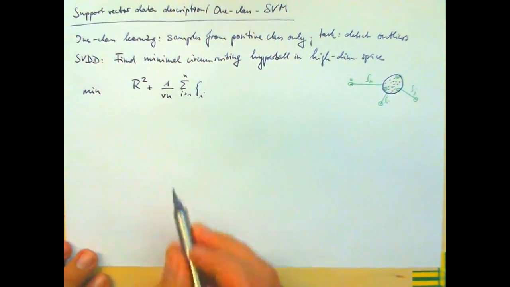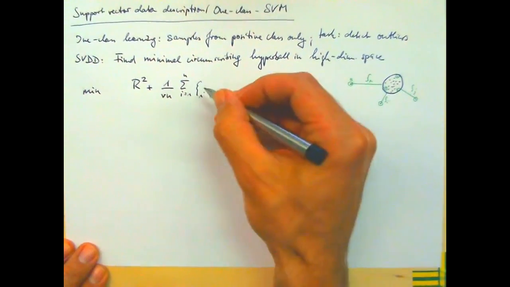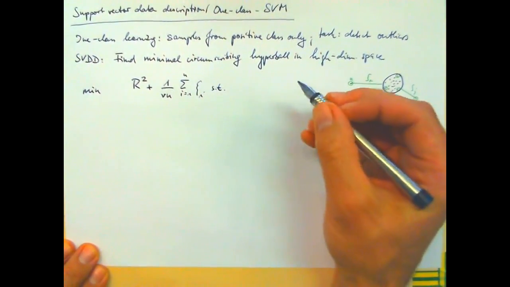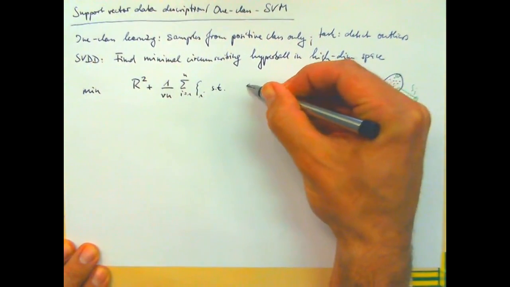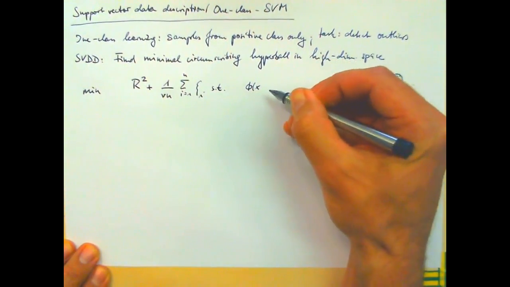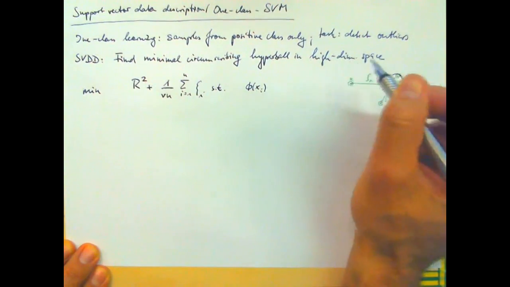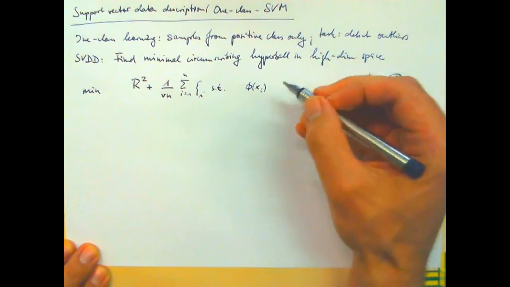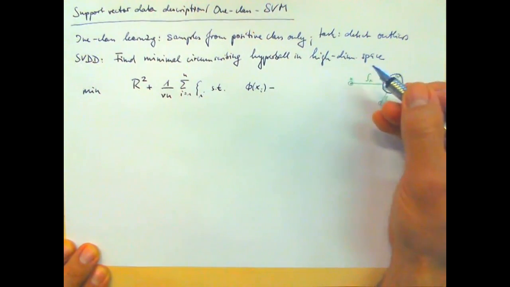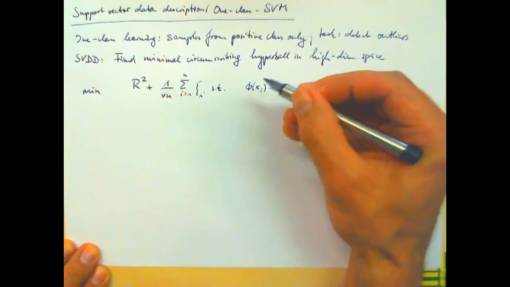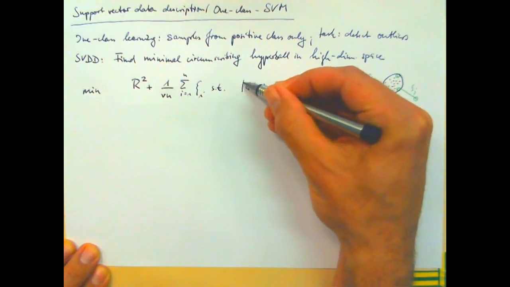And xi are the slack variables, such that the following conditions are fulfilled. I am this time writing explicitly the mapping to a high-dimensional space. And b is the center of the ball.